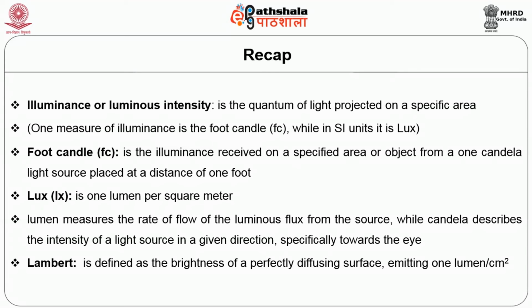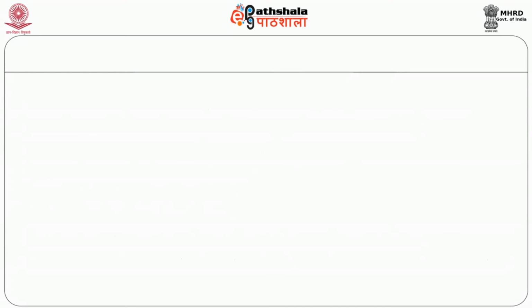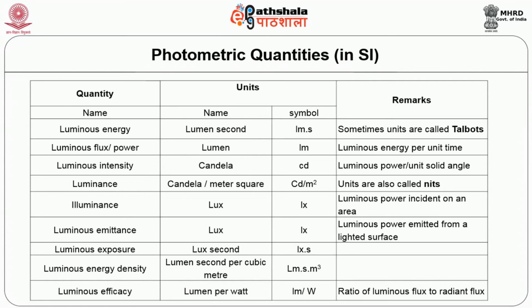A word of caution is, always know the symbols used to refer to each unit. Obviously, a basic knowledge on photometry units in SI may be helpful in designing your space. Have a glance at the table. Luminous energy is given in lumens per second. Luminous flux or power is in lumen.